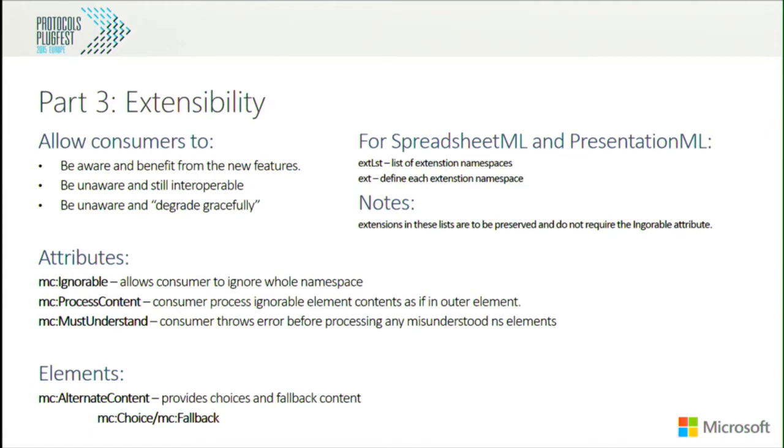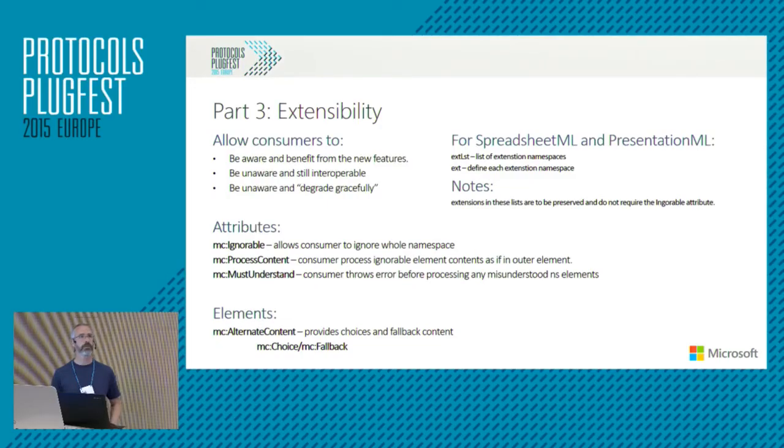So it allows a consumer to not understand new features in the markup language and be unaware, but then what we call degrade gracefully. So be able to say, I don't know what this whole markup is, say it's about mathematics or something, and then still be able to render the file in a meaningful way.